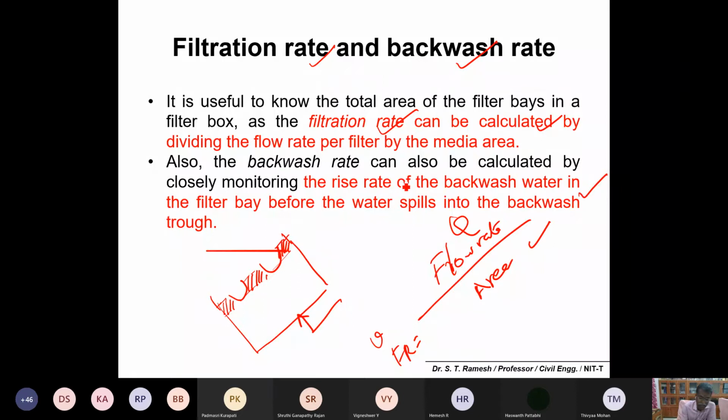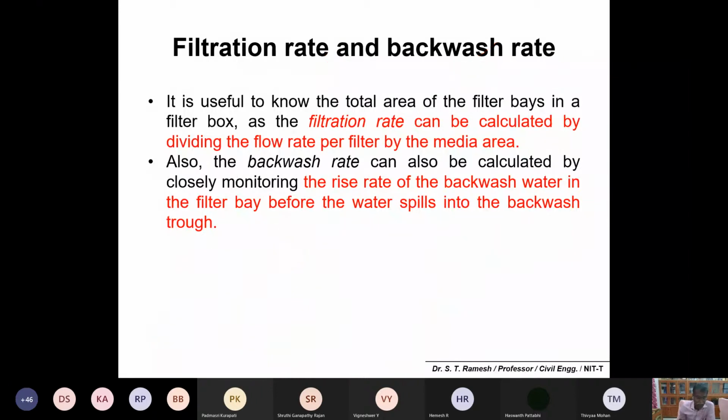That is the rise rate of backwash water in the filter bay before the water spills into a backwash trough. Based on that you can calculate the backwash rate, which is equal to this flow, Q, divided by the area of your filter. So we make a difference between filtration rate and backwash rate.